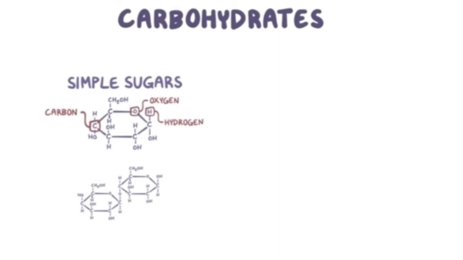These foods include sugars, and sugars are also added during food processing. As you can see in the structure of the simple sugar, it includes carbon, oxygen, and hydrogen.